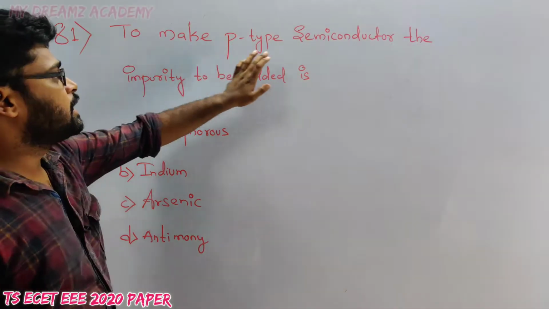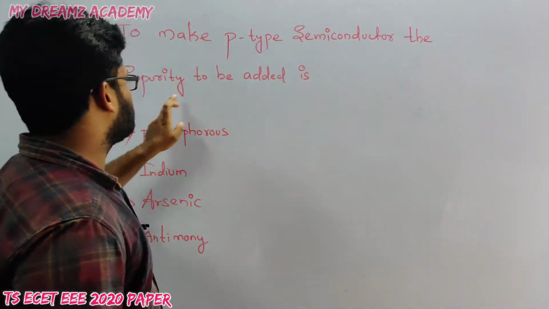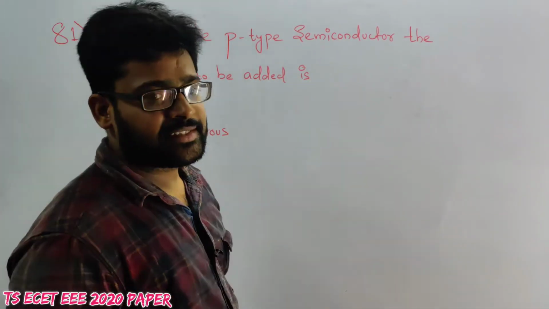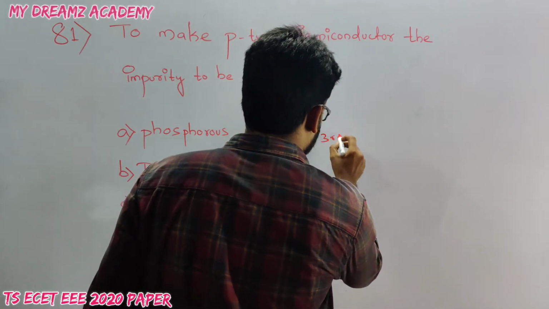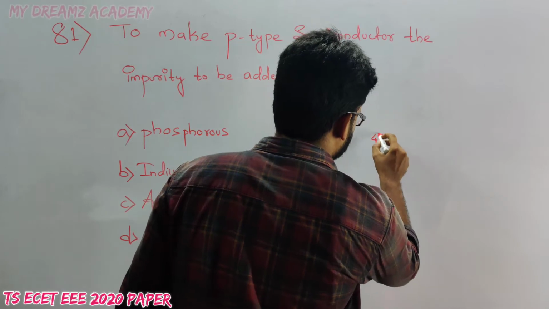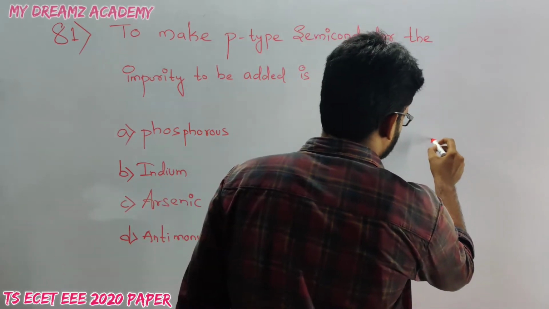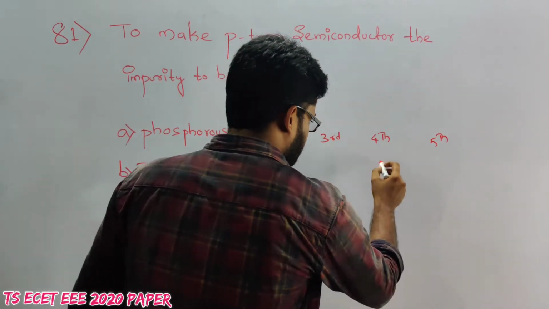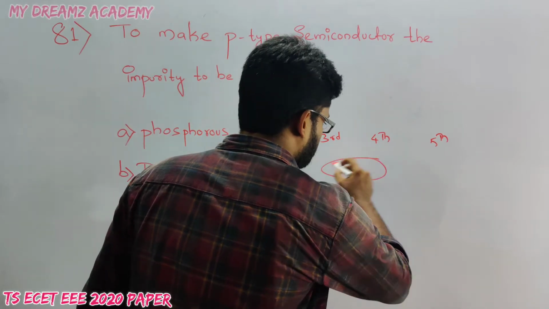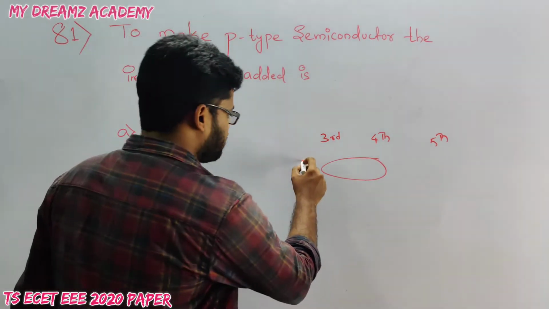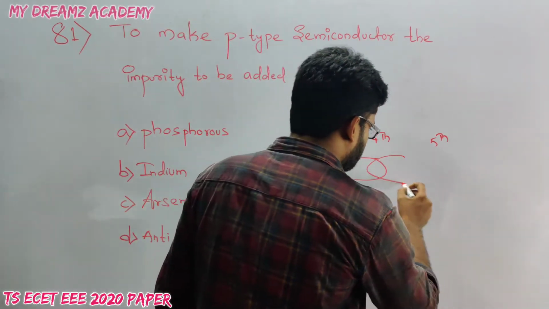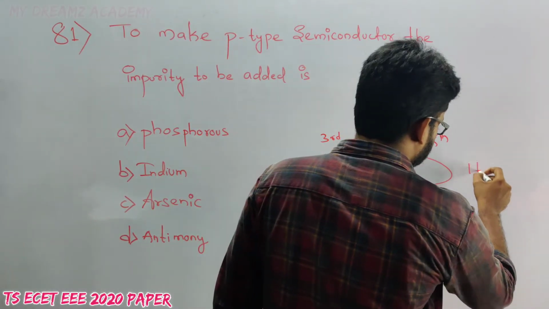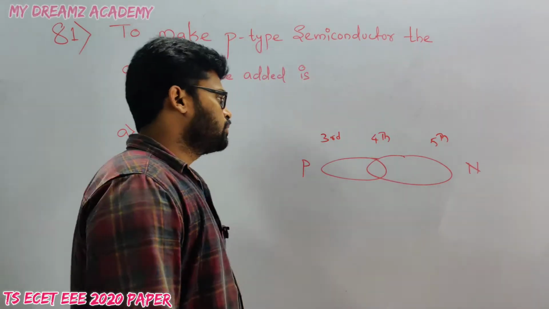To make p-type semiconductor, the impurity to be added is... we have third group elements in the periodic table, fourth group elements and fifth group elements. So if I add third group elements to fourth group elements, it will give p-type semiconductor. Similarly, if I add fifth group elements to fourth group elements, it will give n-type semiconductor.